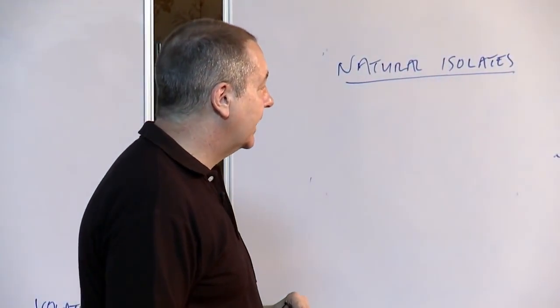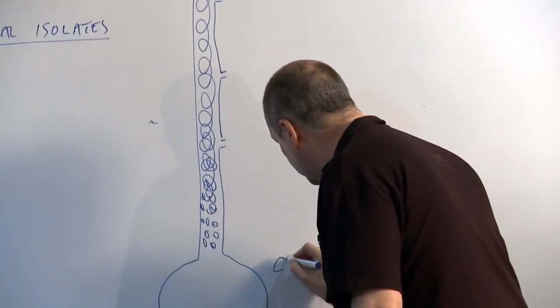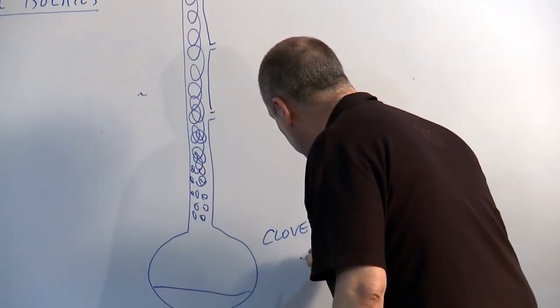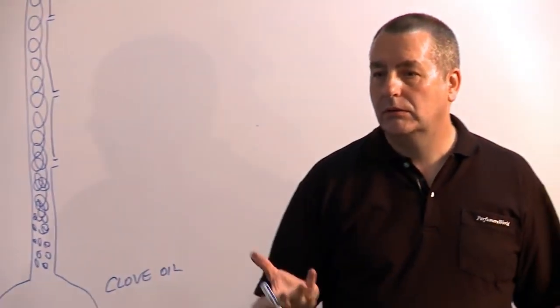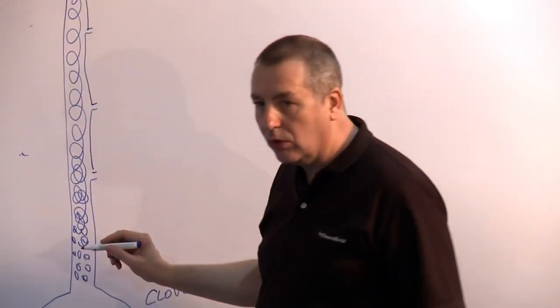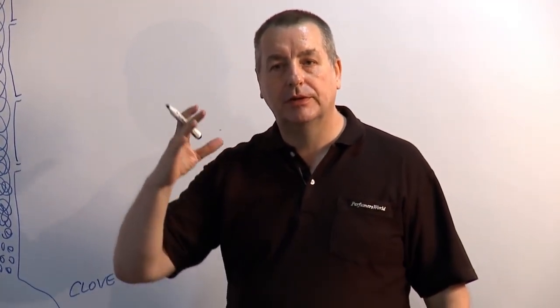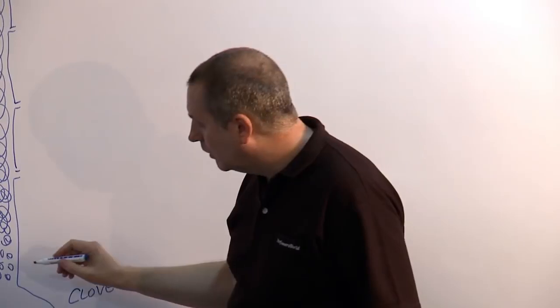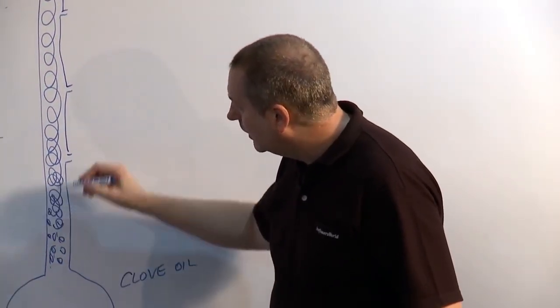What we can do is take something like clove oil, and we can warm it. As we warm the clove oil, the more volatile components, called the terpenes, will go up, drop down, go up, drop down.